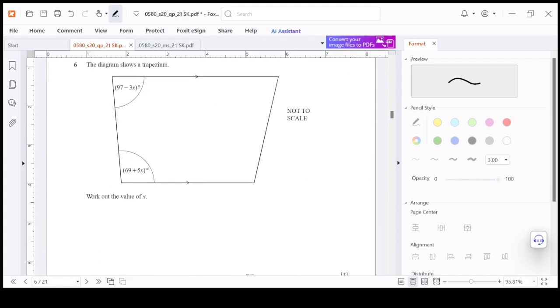The diagram shows a trapezium. Work out the value of x. Okay. Now, if this is a trapezium and these two lines are parallel, then through interior angles, we know that the sum of these two angles would be equal to 180. So 97 minus 3x plus 69 plus 5x should be equal to 180.